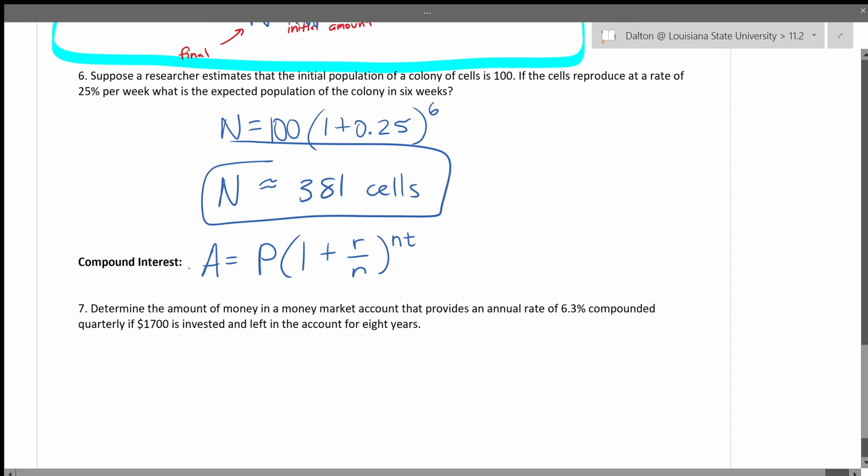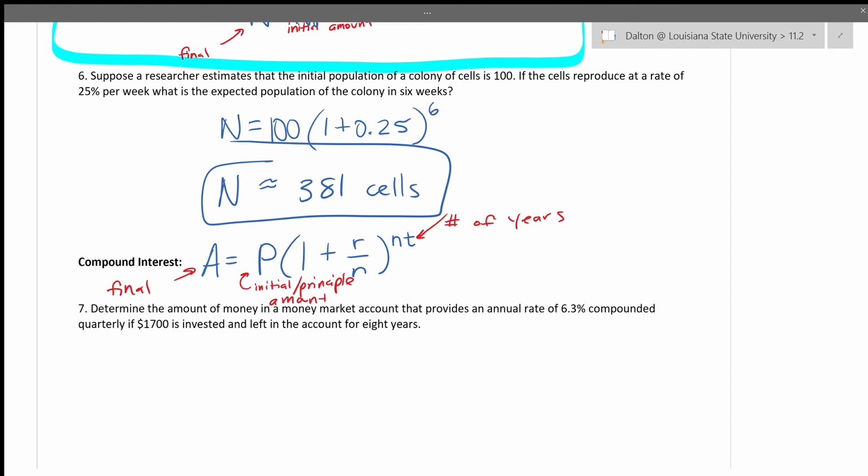So like A, even though it's different than N, this stands for your final amount. P, even though it's different than N sub 0, still stands for the initial, or in these cases, they might use the word principal amount. T still stands for time, particularly number of years. R stands for your annual interest rate.